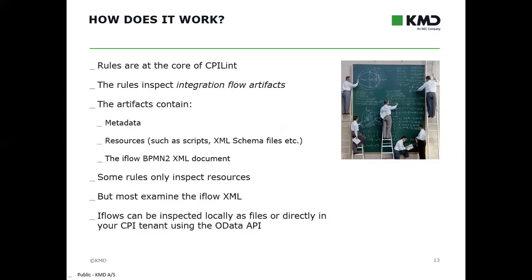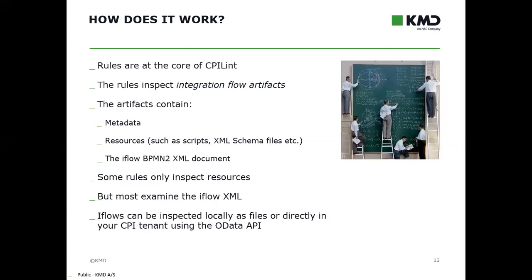And the artifact contains a bunch of metadata about the iFlow, various resources like script files, XSLT files, like in the demo, schema files, and so on. And most importantly, it contains an XML document in the BPMN format describing the iFlow.